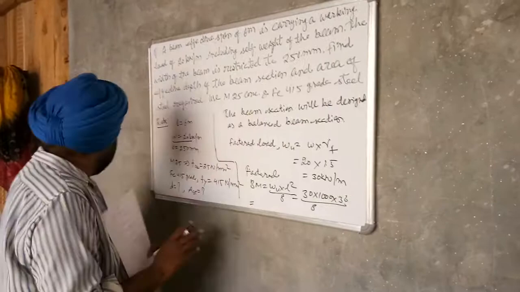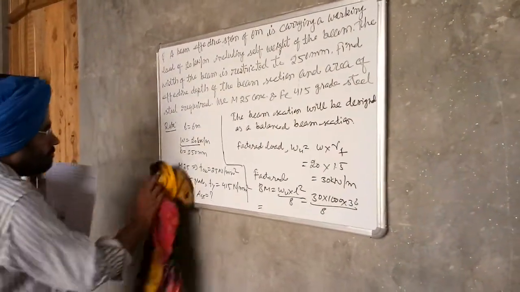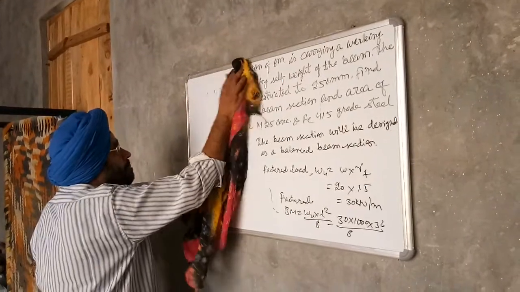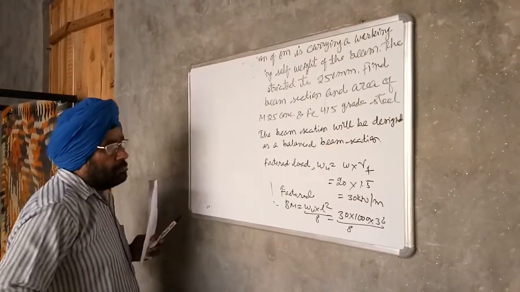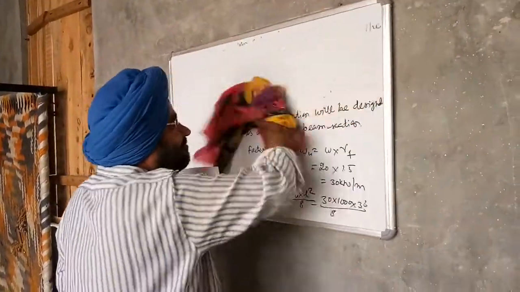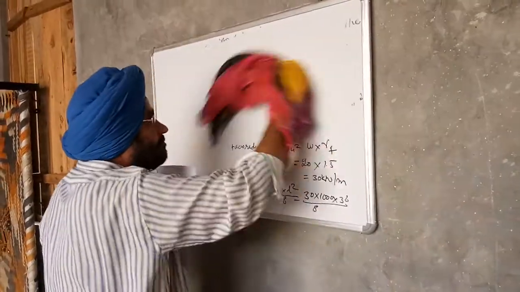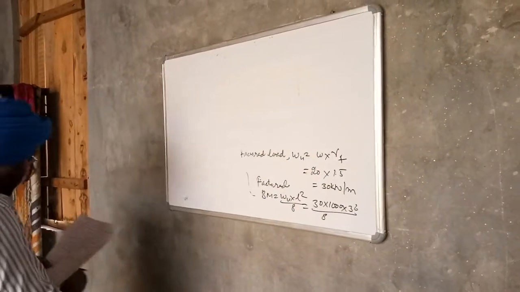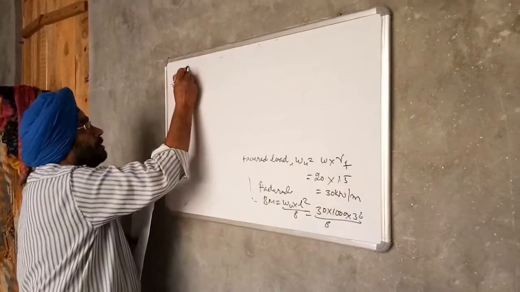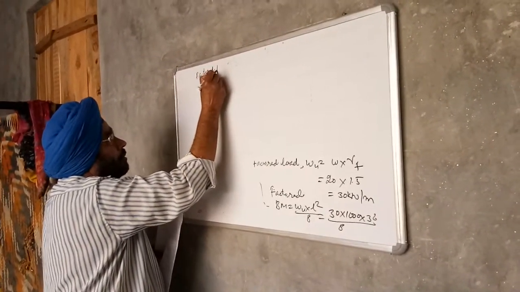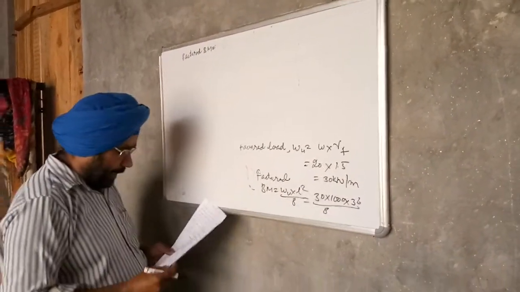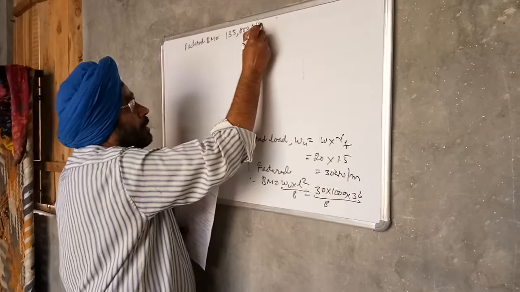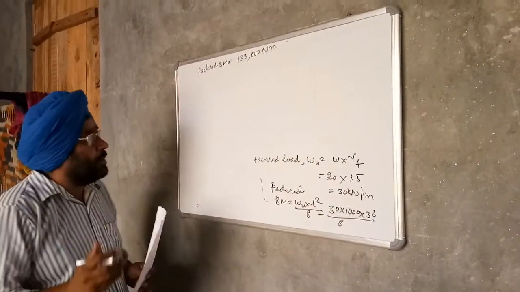Then factored bending moment, by solving this we get 135,000 Newton meter.